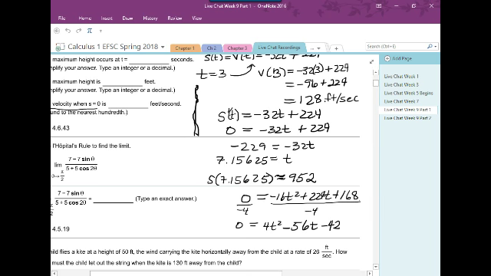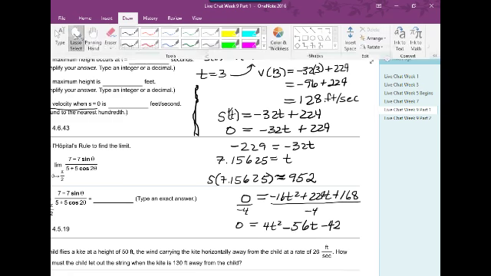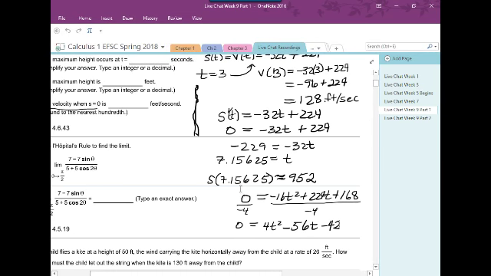Okay, so I'm going to copy this equation over to another page and work it out. If I can grab it.